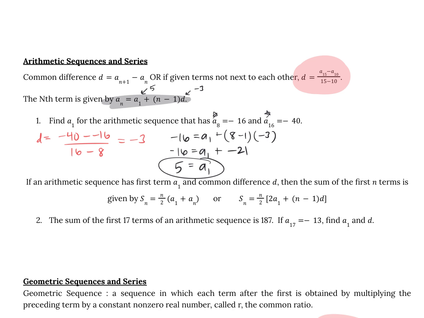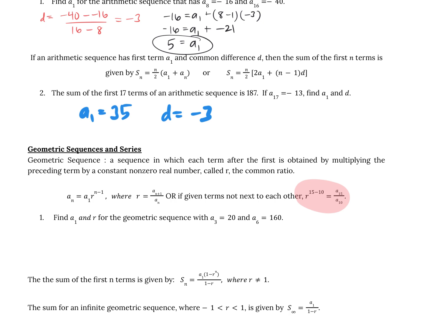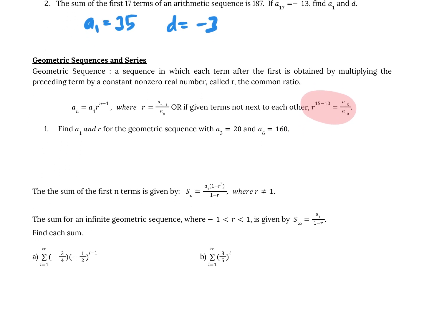Okay, I am going to skip this next one, but if you do want to try it at some point for extra practice, the answer for A1 is 35, and the answer for D is negative 3 again. Okay, and then for this one, we'll skip the first one and we'll do the second one. So your first one, if you want to try it at some point, your R value is 2, and A1 is 5.